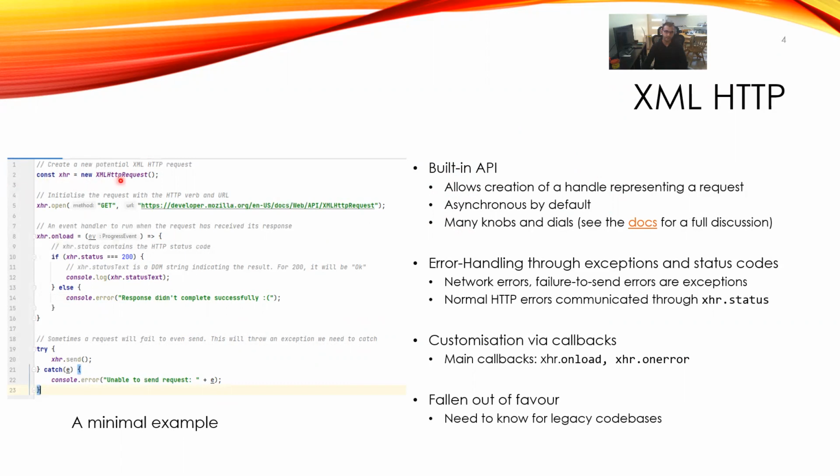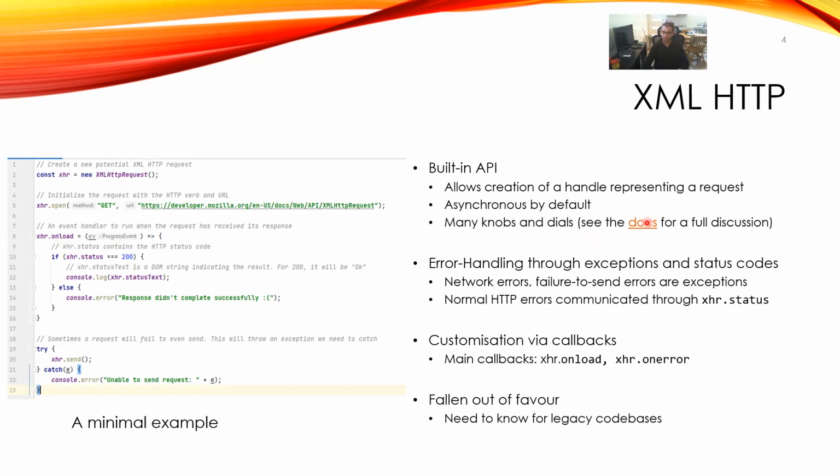But this XML HTTP request object and me storing it into this XHR variable, this is a handle that represents an asynchronous request. By default, it's asynchronous. You can change it, but I don't know why you would. We talked about some of the problems last time about why asynchronous execution is potentially a very big problem in the web browser.